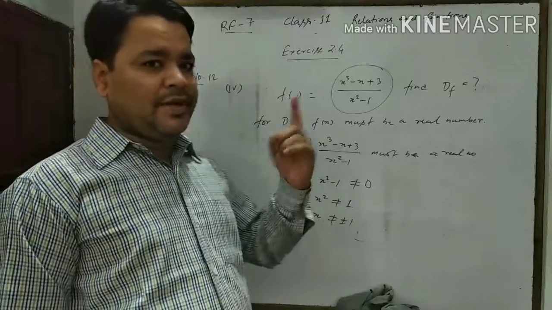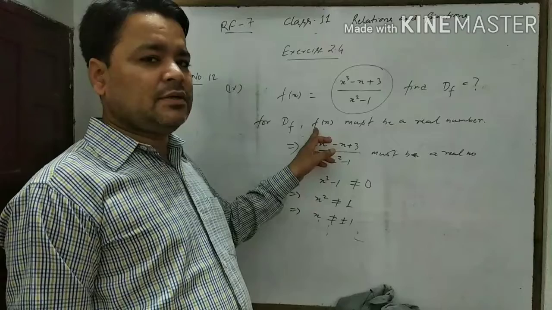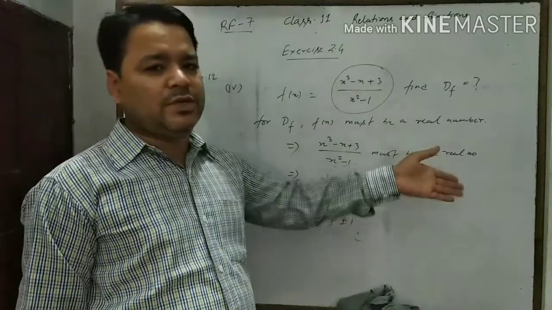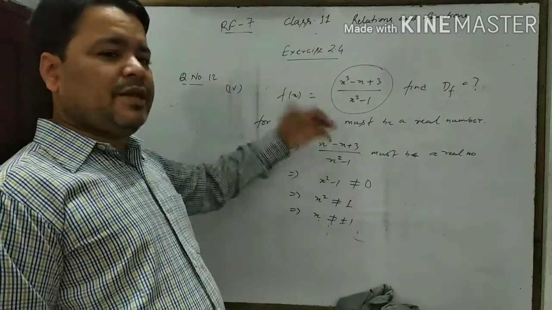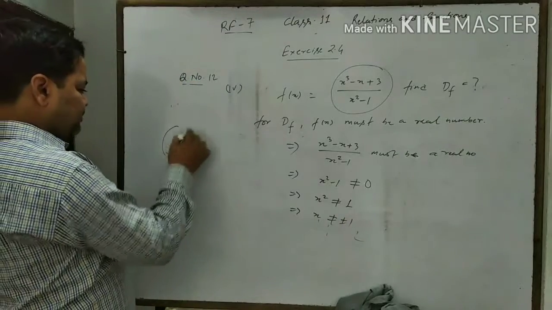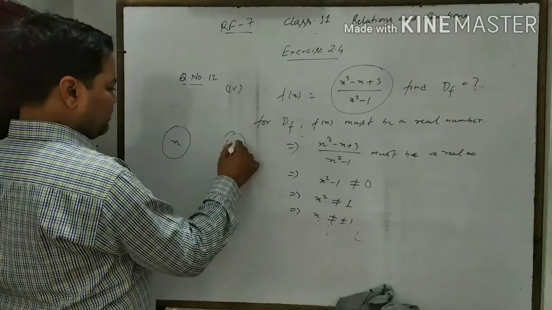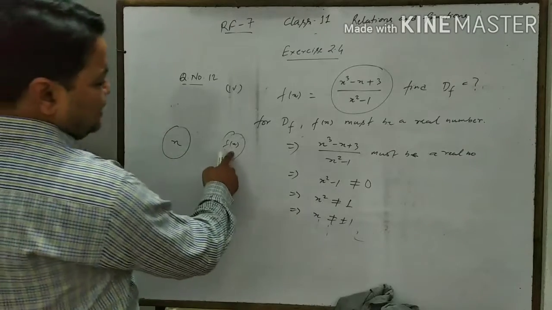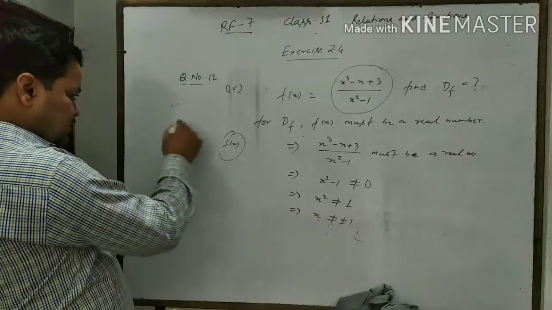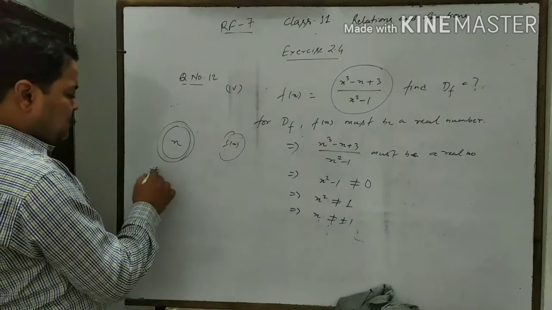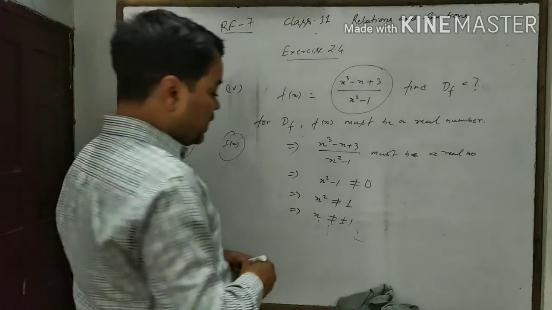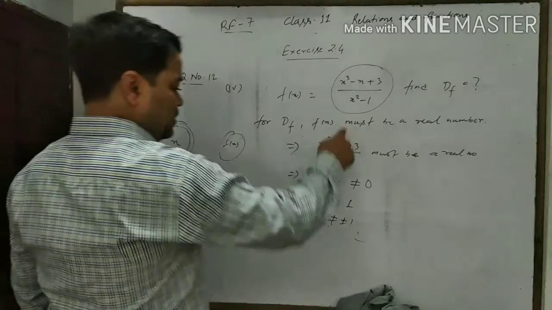Here x is the domain. f(x) is the image of x in the codomain part. x is the pre-image and f(x), that is y, is the image. So we cannot take plus 1 and minus 1 according to this situation.